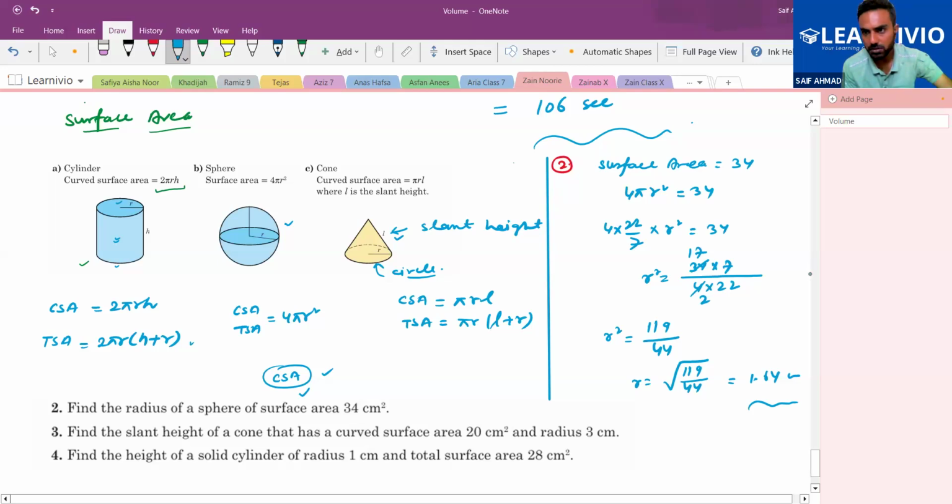I don't know about this, but in IB boards, the calculator is allowed. Okay, so you can use the calculator. 1.64. Note it down first.